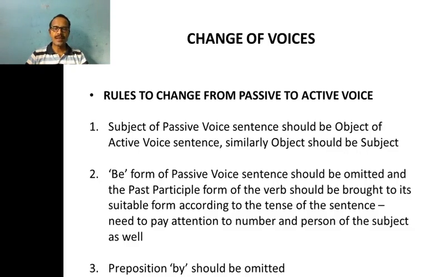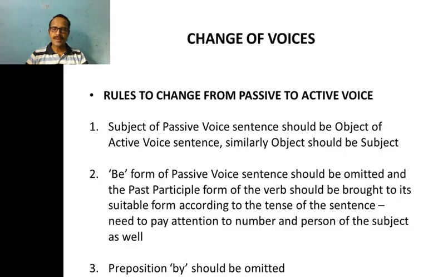Mind you, you must pay attention to the tense of the given sentence in passive. If it is in, say, simple present tense, our main verb in active should suit the simple present tense.